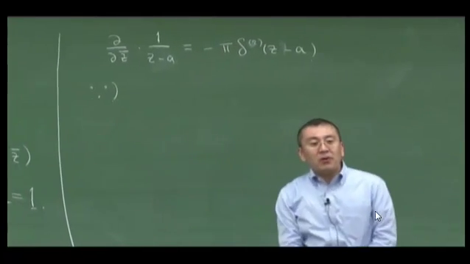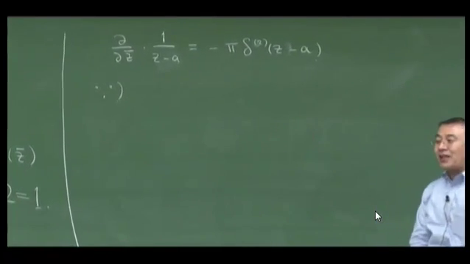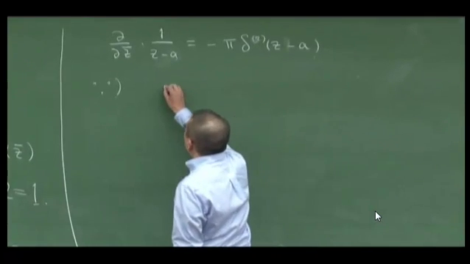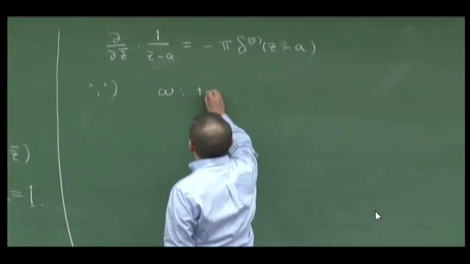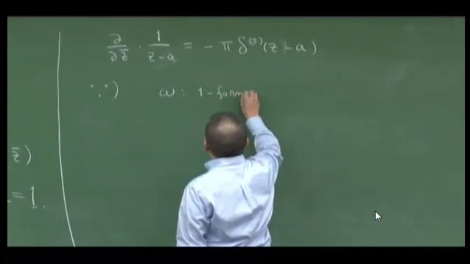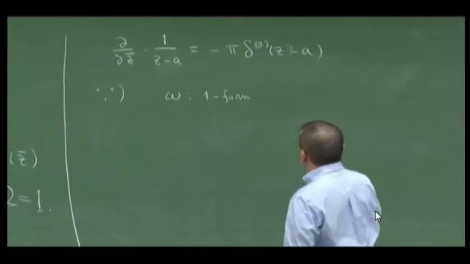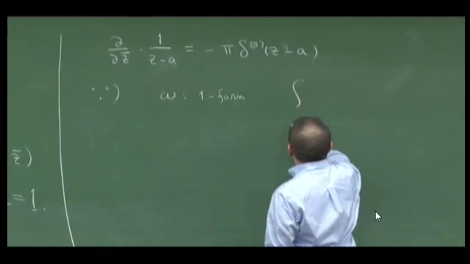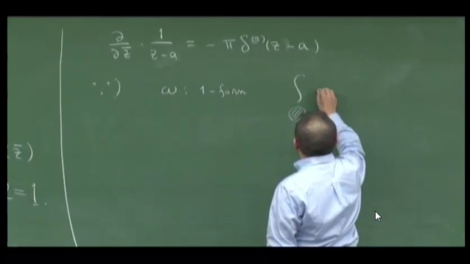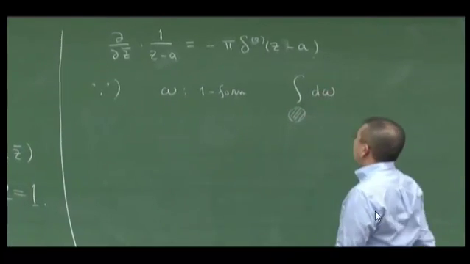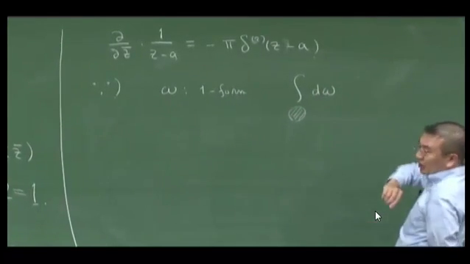So the proof involves the following fact that we have seen earlier. Namely, suppose omega is a one form. Now we are considering 2 dimensions.